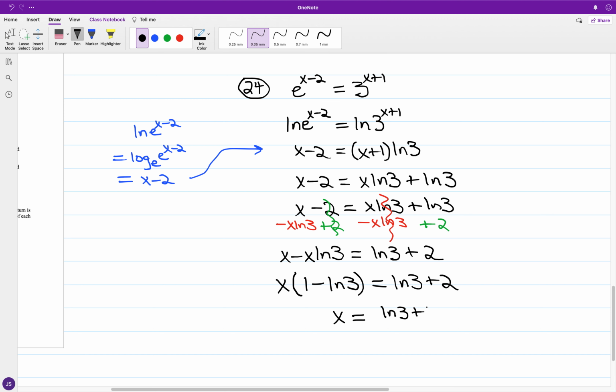So we'll have x equal to the natural logarithm of 3 plus 2, all over 1 minus the natural logarithm of 3.